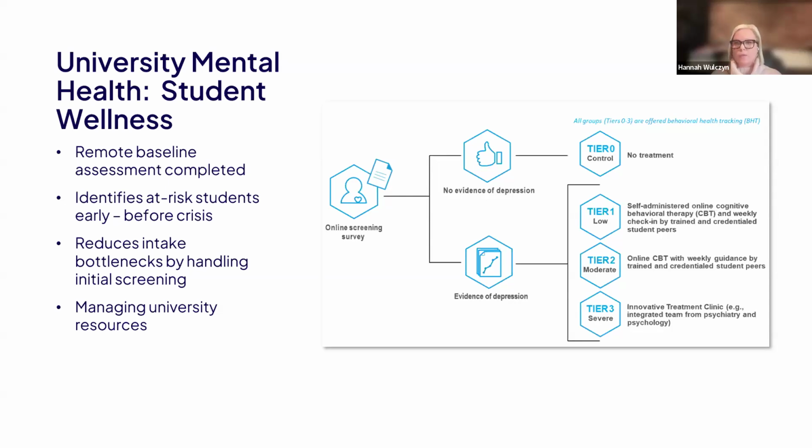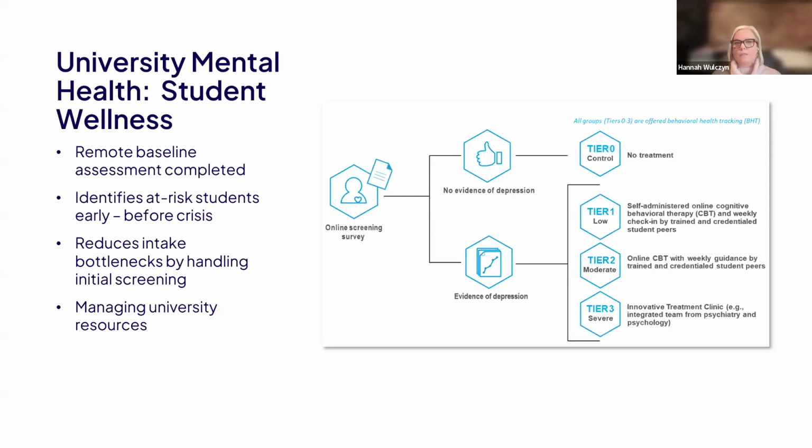So student mental health centers are able to view the results of the CADMH and flag those who may need help. It digitizes the initial screening process, which reduces intake bottlenecks, allowing organizations and universities to allocate resources more effectively, and ensuring students get support before they reach a crisis point.